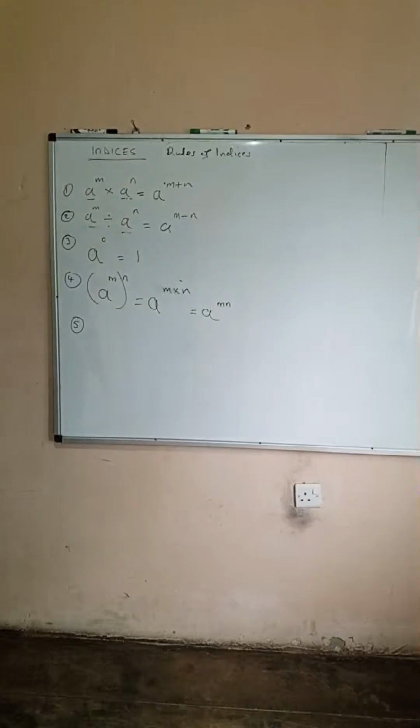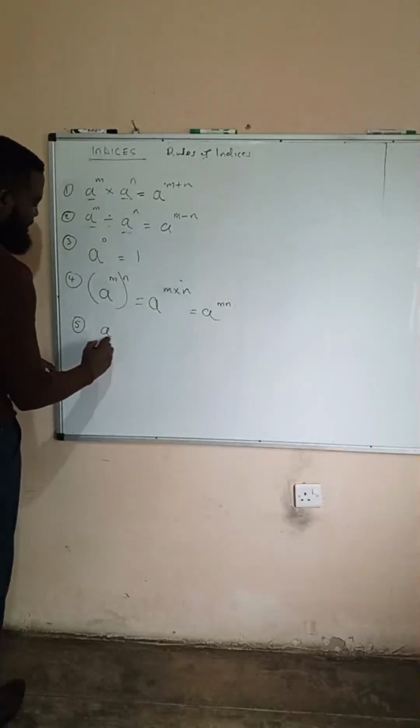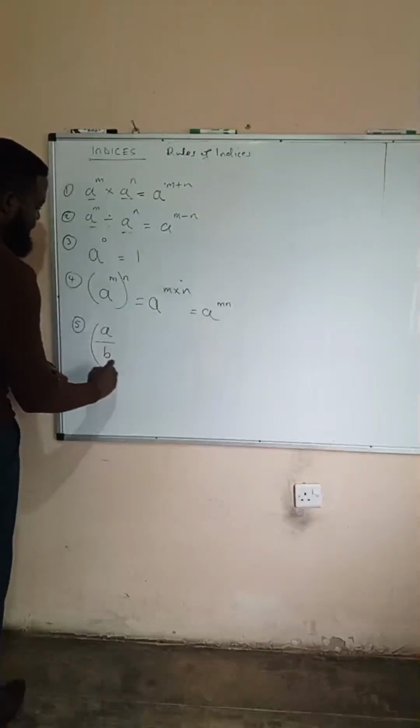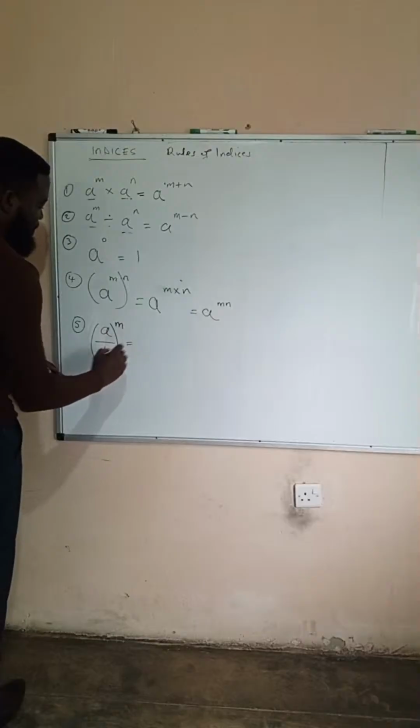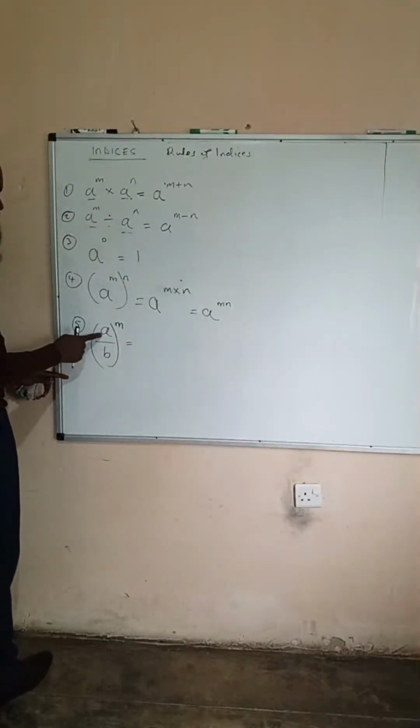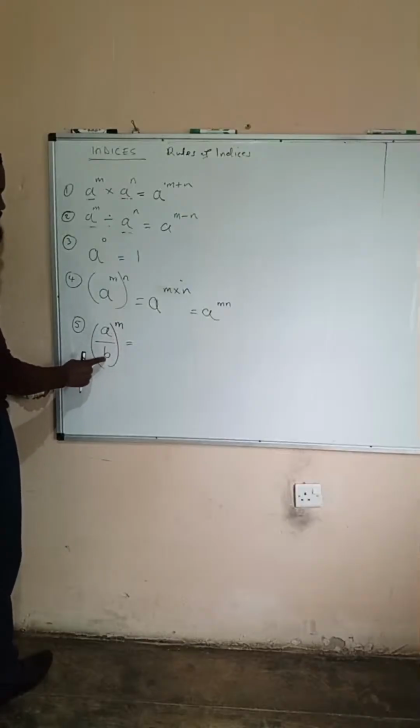And then rule number 5. If what is in the brackets is a fraction raised to the power m, what does this mean? It means this m is given to a, at the same time the m is given to b.